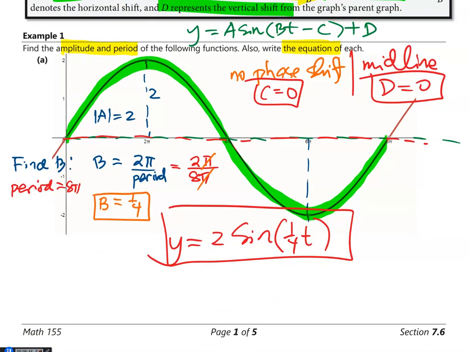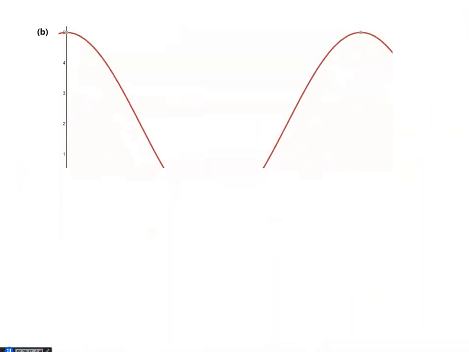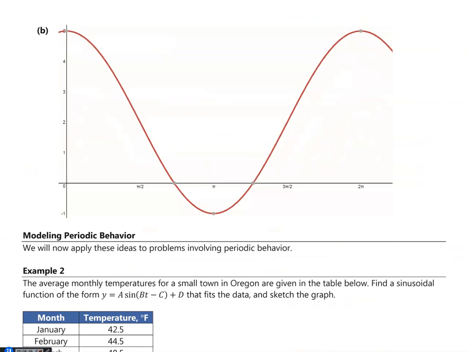Okay? Then letter B. The first question is, is this graph a sine or cosine graph? So remember, it starts at the top.